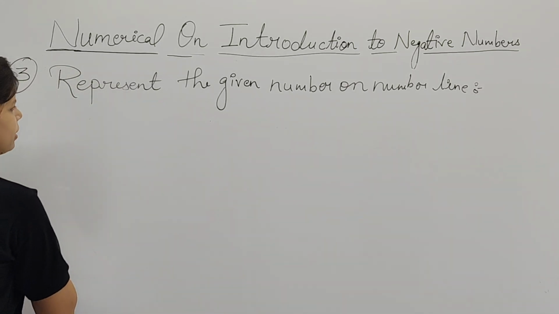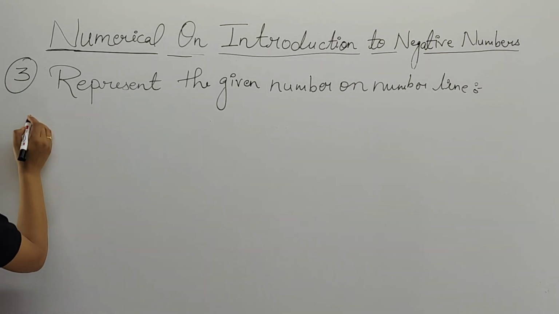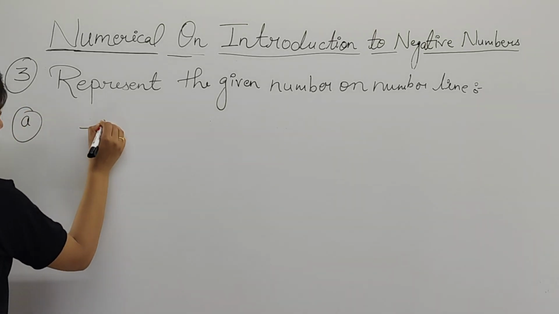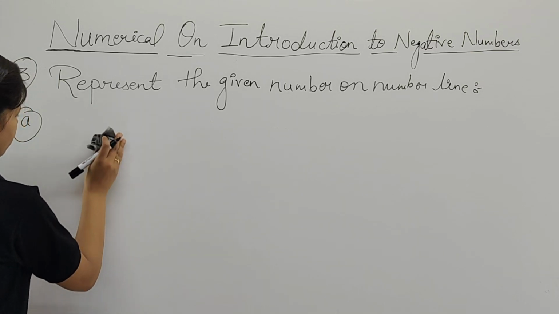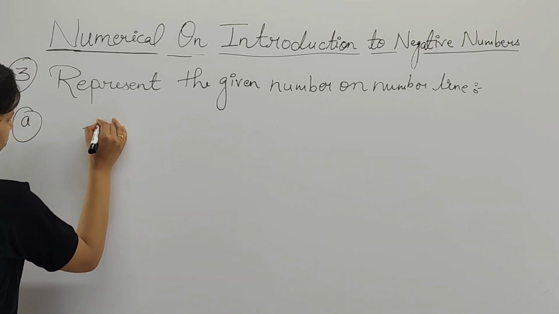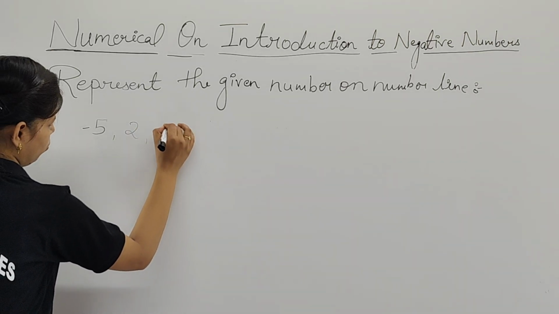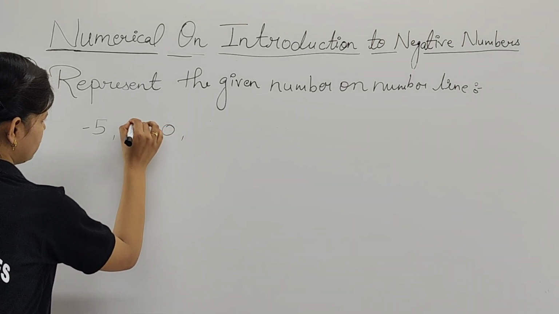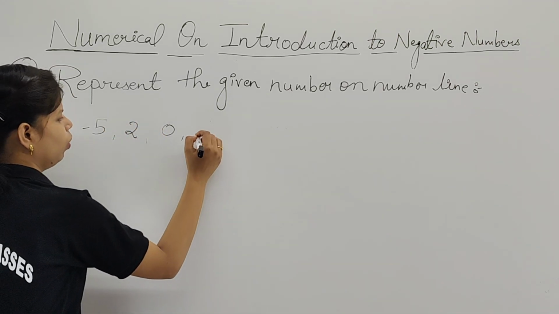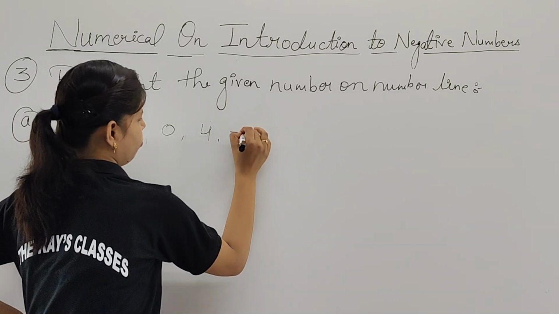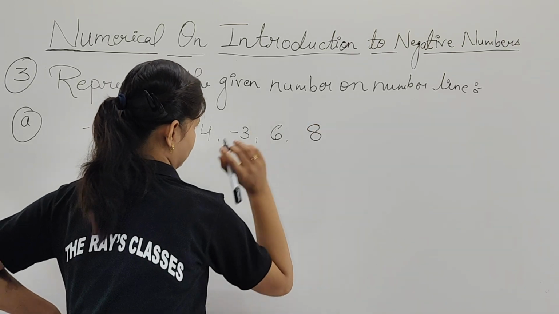Clear? So while dealing with this one, we are going to use the given numbers on a number line. Questions can be asked like if your question is given -5, 2, 0, 4, -3, 6, and last we are having 8.